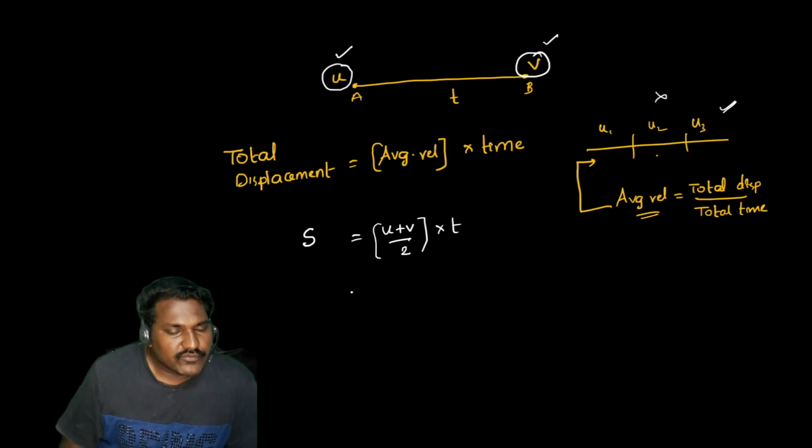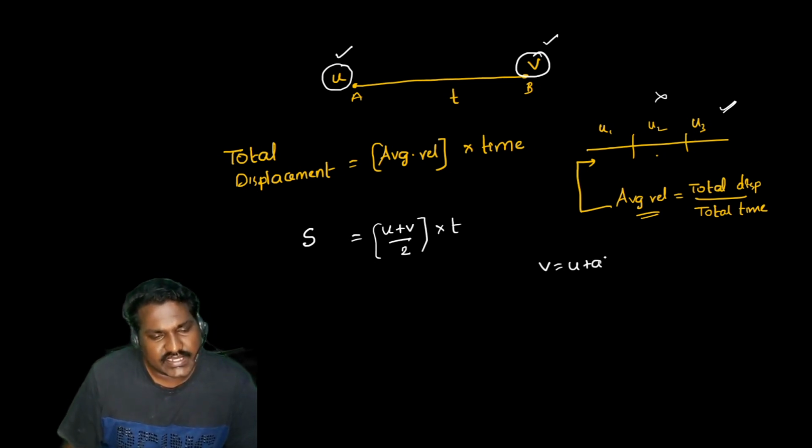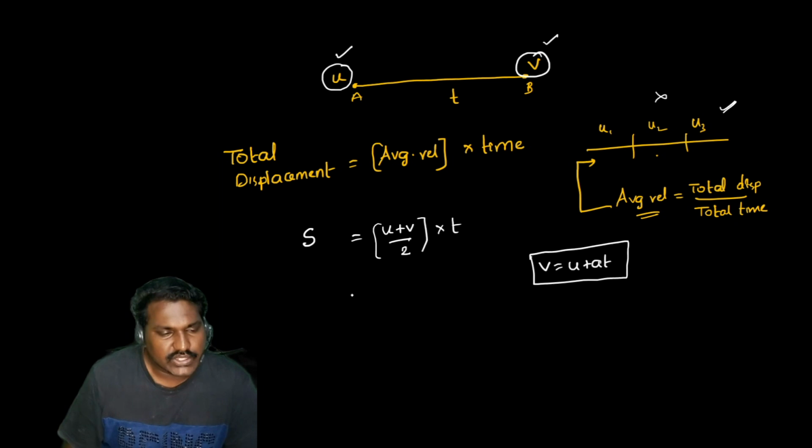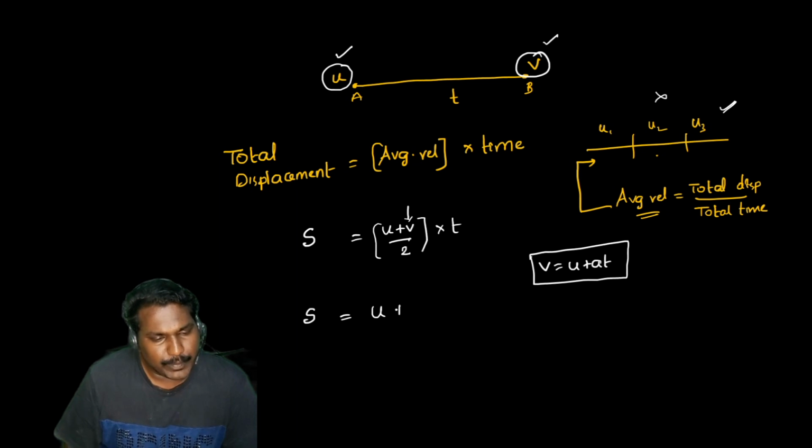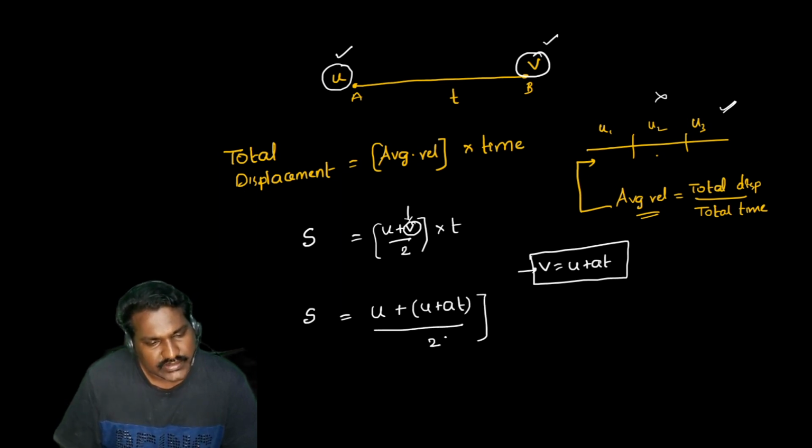Now we have already derived that v is equal to u plus at in equation 1. So I will substitute in place of v. Therefore s is equal to u plus, in place of v, u plus at, whole divided by 2, times t.